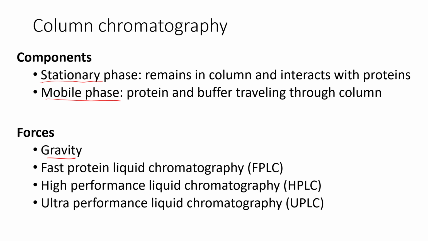As we go up in force, we're able to do better, more interesting analysis on the components of our protein, but it might be easier to separate out and get preparative amounts of protein using lower forces like gravity or the low pressure version of liquid chromatography.